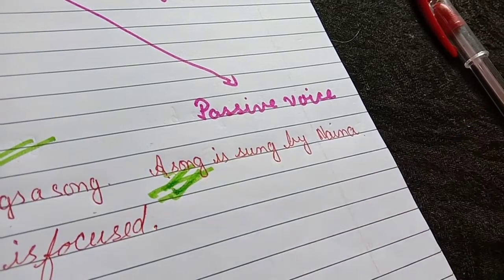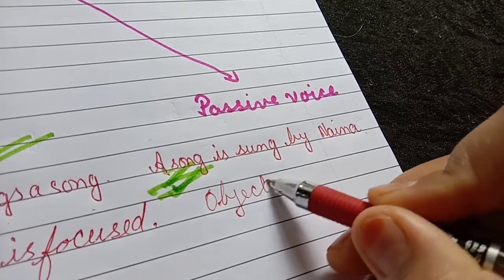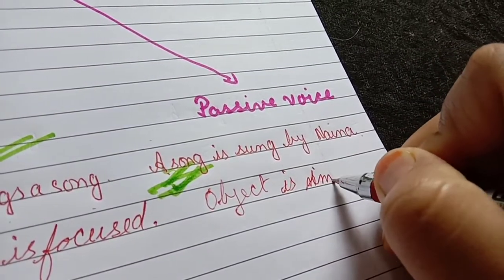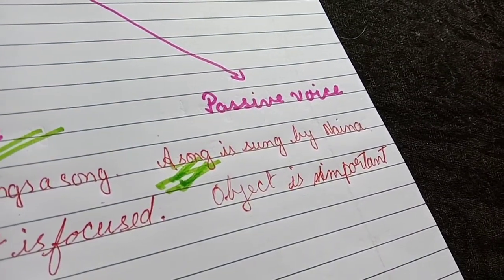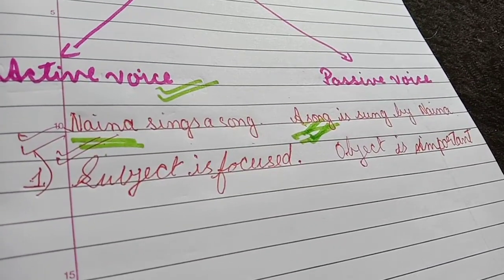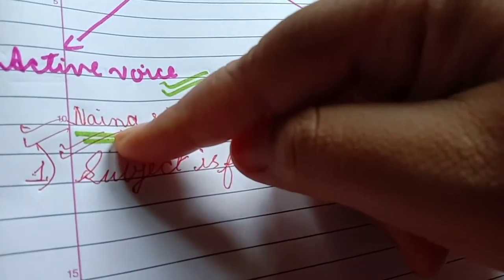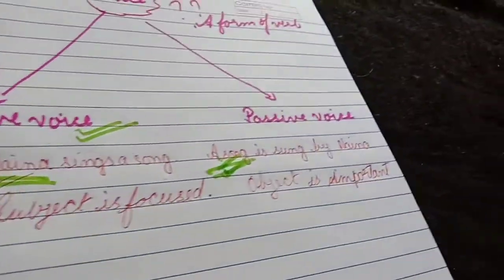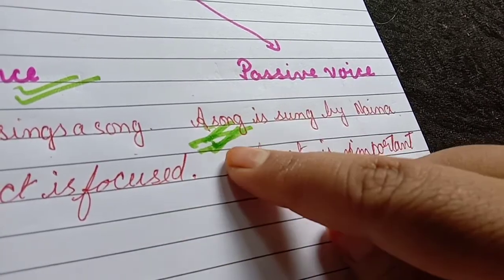The object is focused, the object becomes important. This is the first basic difference in how to recognize active and passive voice. In the active voice, we'll be talking about the subject; the subject will be important and focused. In the passive voice, the object has to be focused.